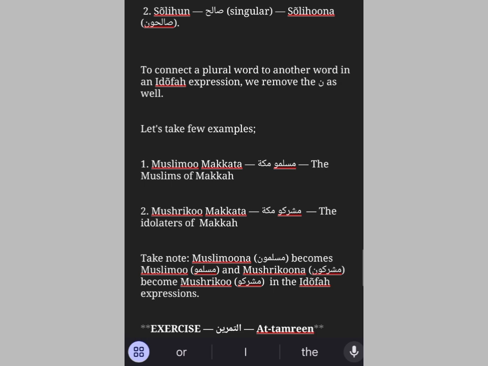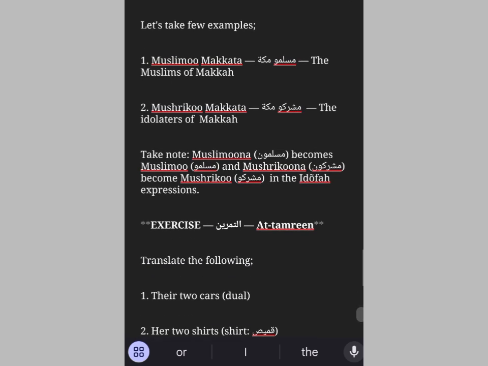So they call the mushrikun of Makkah, mushriku Makkata. Muslimuna, you remove the noon and it becomes Muslimu. So this is the way you form your Idafa phrase with dual and plural, especially the masculine plural.